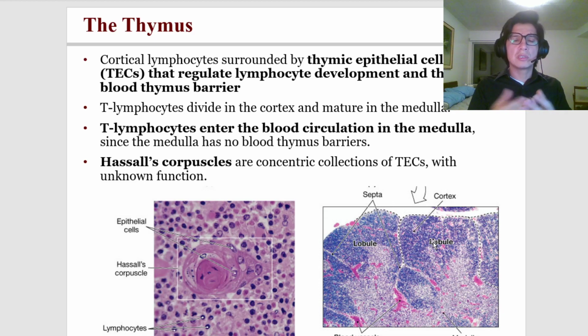In the thymus it's the other way around. On the exterior portion you have the lymphoid stem cells that give rise to these T lymphocytes, and in the center of it you have your T lymphocytes present.